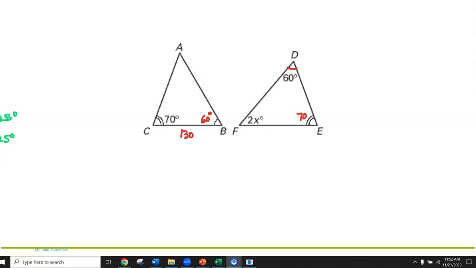I have to have 180 inside. So I'm going to need to have a 50-degree angle up here. Okay, this 2x will also be 50. But to find x, I'm going to have to divide by 2, and x is 25.